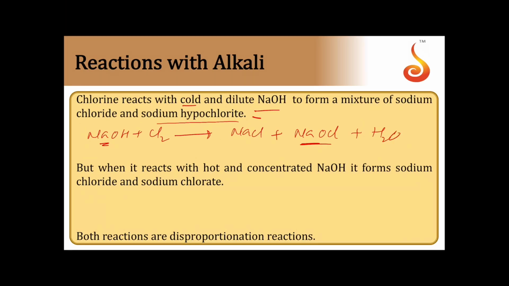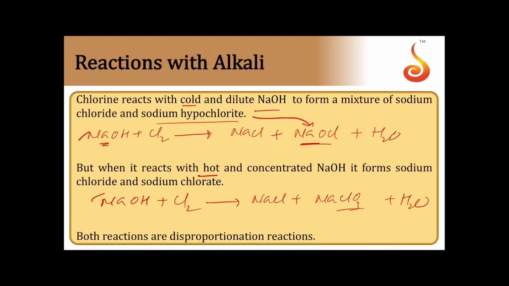This is called sodium hypochlorite. If you take the same chlorine gas with NaOH, but NaOH in hot conditions, then it forms chlorate: NaOH plus Cl2 gives NaCl plus NaClO3 plus H2O, and this is called chlorate.